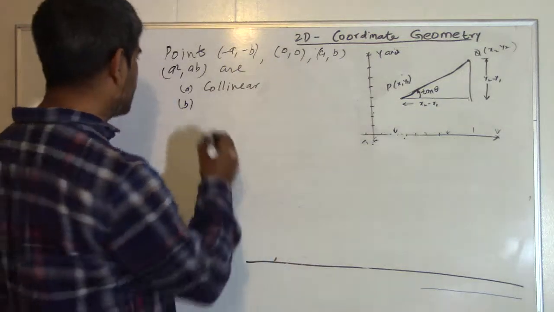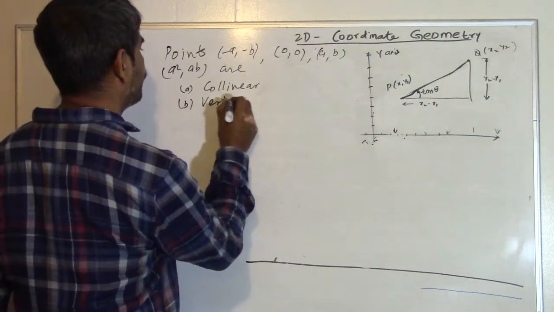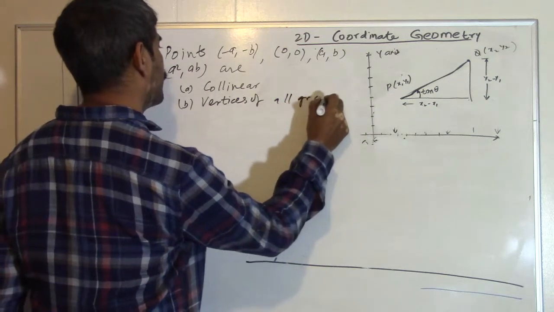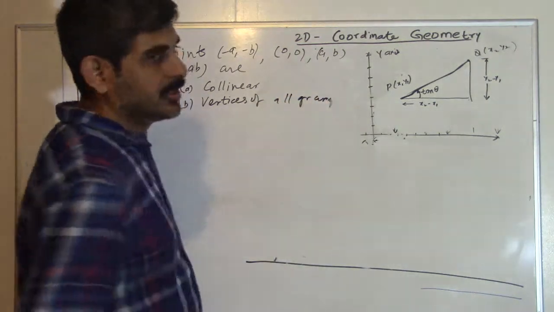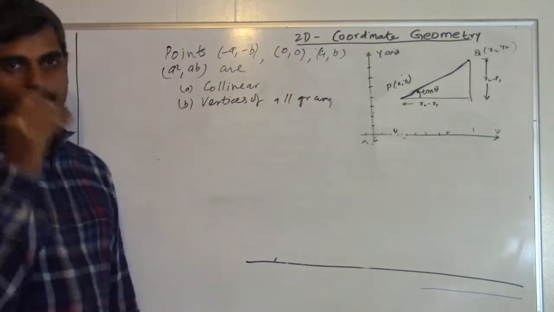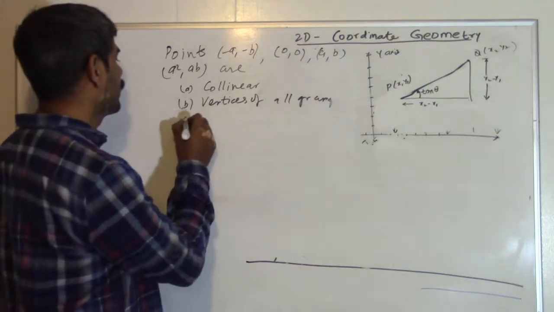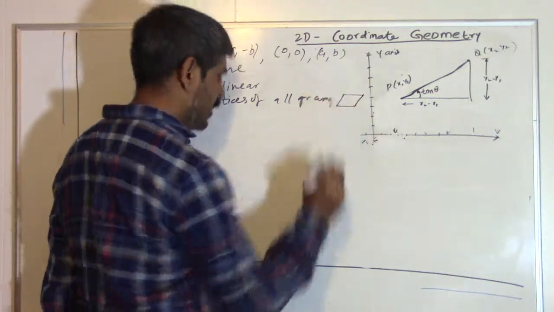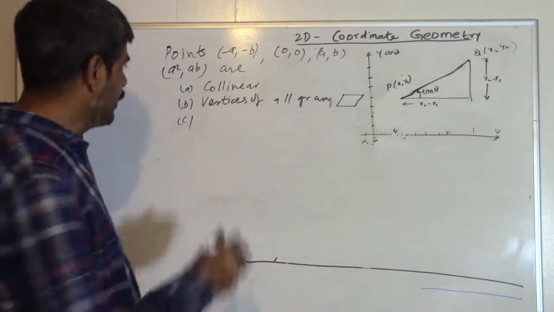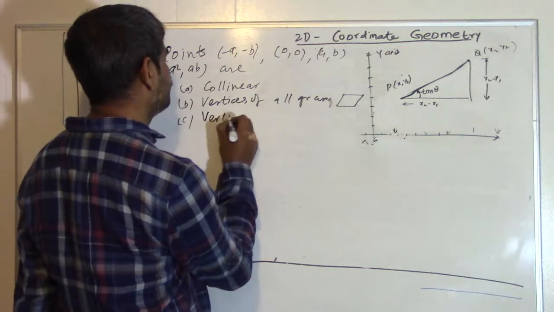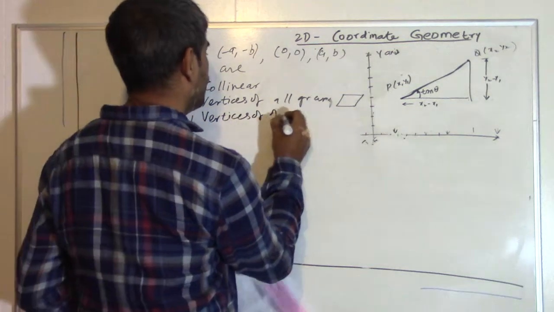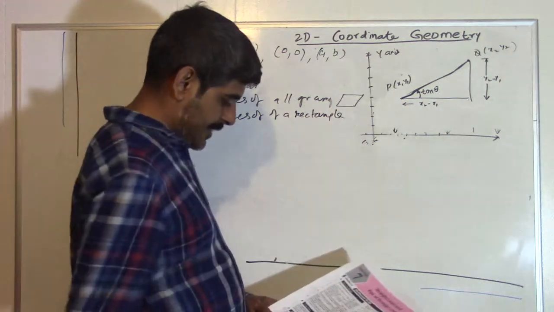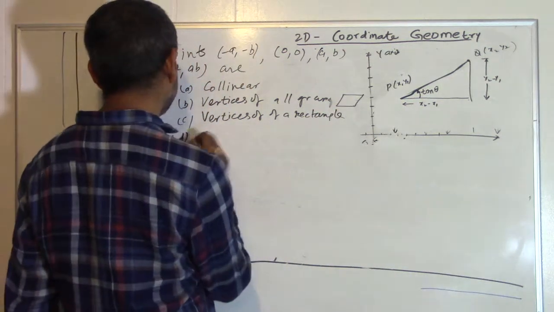Second option is vertices of a parallelogram. Parallelogram means these two sides are parallel, like this. Then it can be vertices of a triangle, of a rectangle, or none of these.